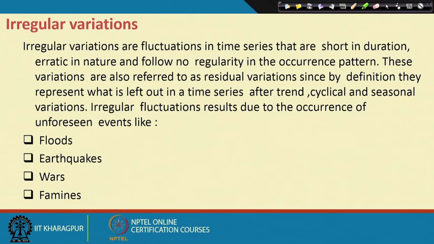For instance, in the seasonality case, in a particular year it will definitely occur, there is a 99% chance, but the chance of a flood, of wars, or of earthquakes in a particular year is not so much mandatory.